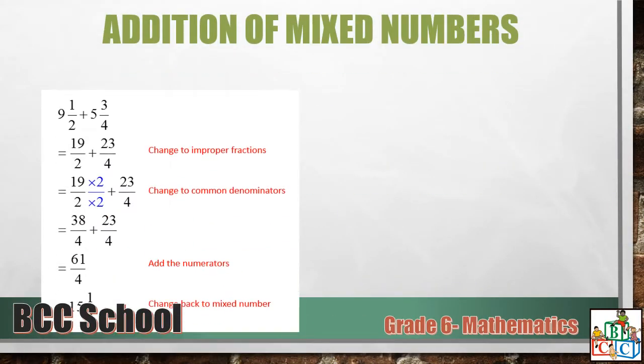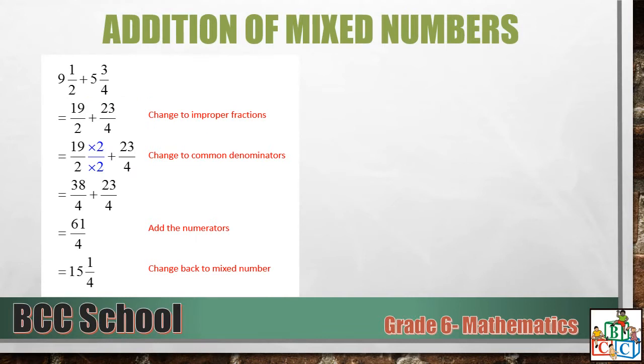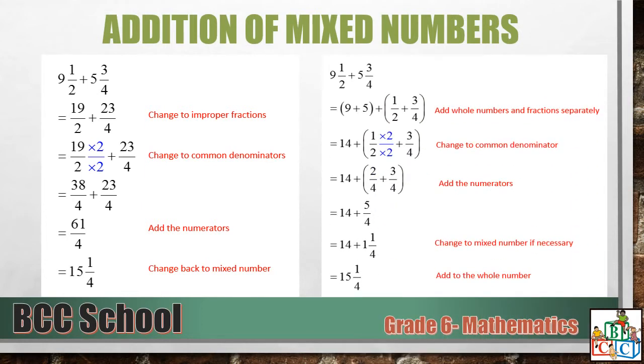Let us take other examples. The first one is 9.5 plus 5 3/4. There are two methods to do this addition. Firstly, you will convert both to improper fractions. Your answer will be 61/4. 61/4 is an improper fraction.